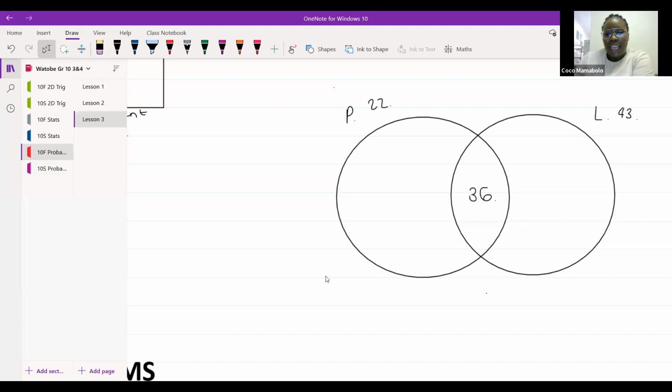Okay, in a class full of, let's say, how many students? Yeah, this is already looking lopsided. I'm going to change this to 52. Let's say there are, how many students altogether? 98. Okay, there are 98 students altogether.